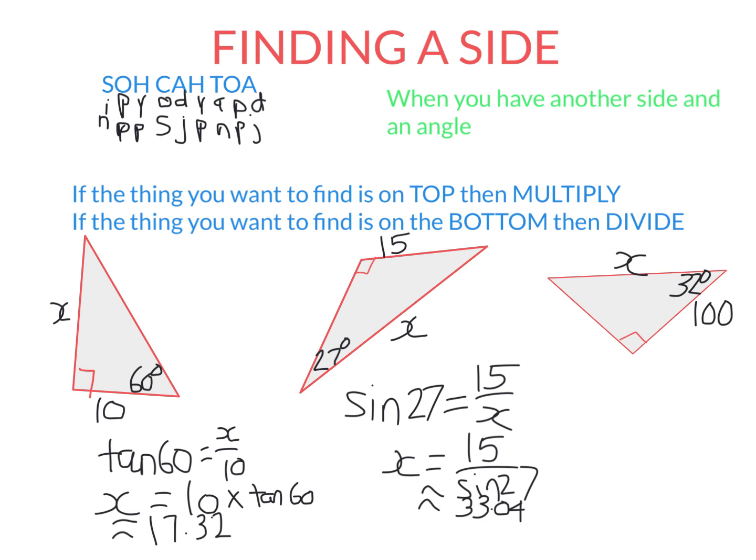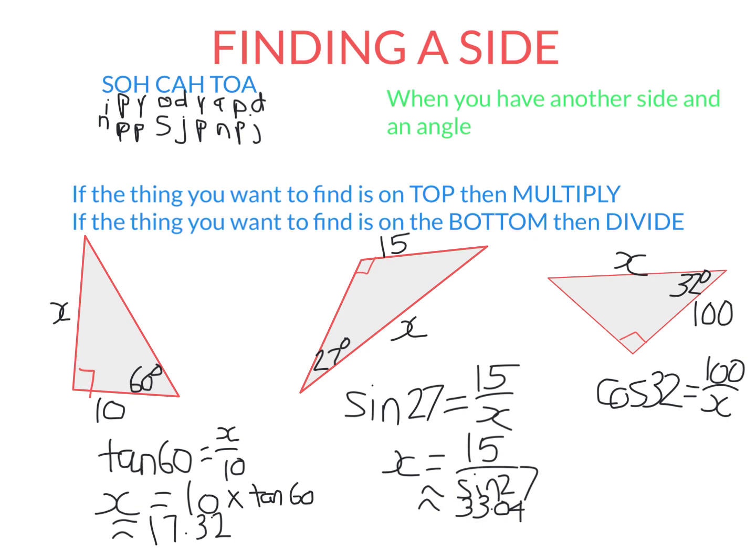So let's try this one here. Here we have our reference angle. First thing we need to do is decide whether it's sine, cos, or tan. We have the adjacent side and the hypotenuse, so we need to use cos. So cos needs an angle to go with it. Cos 32 equals adjacent over hypotenuse. When the thing you want to find is on the bottom, you divide.